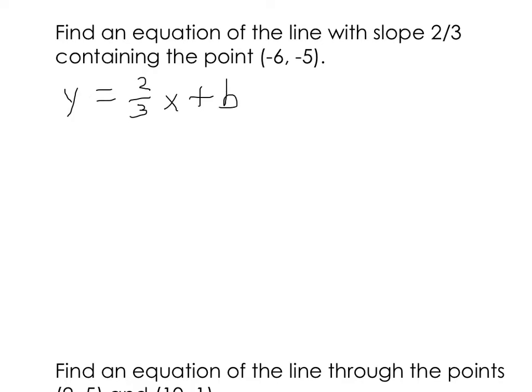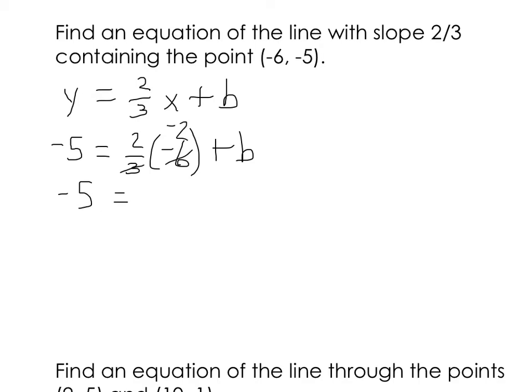The only other thing we know is that it goes through the point (-6, -5). So let's substitute x equals -6 and y equals -5 into our equation and see what happens.